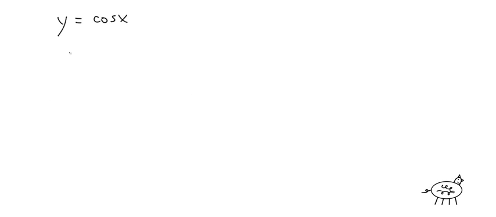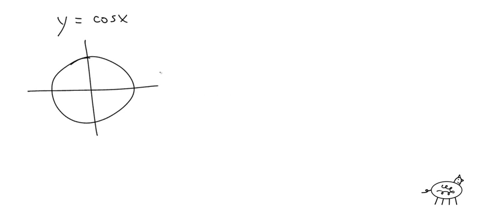So let's do our little unit circle here again. So this is 0, pi over 2, pi, 3 pi over 2, and back to 2 pi. All right, and so if y is equal to cosine of 0, that's equal to 1.